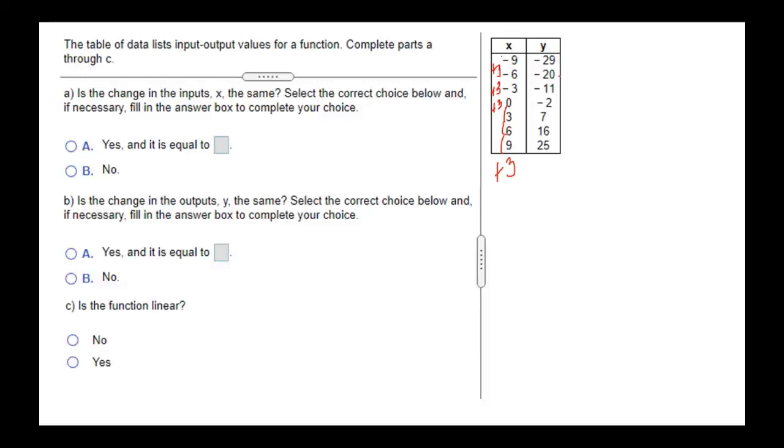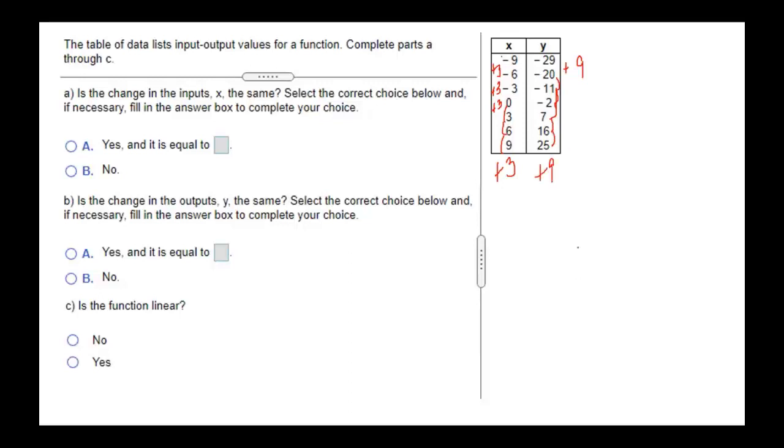Now over here on the y values, what is happening? Well, if you go from -29 to -20, you have increased by 9. And so we want to make sure, is this an increase by 9 every time? -20 plus 9 is -11, plus 9 is -2, plus 9, plus 9, plus 9.